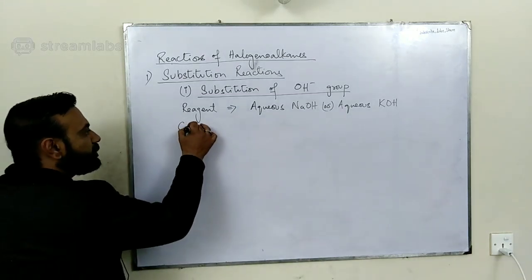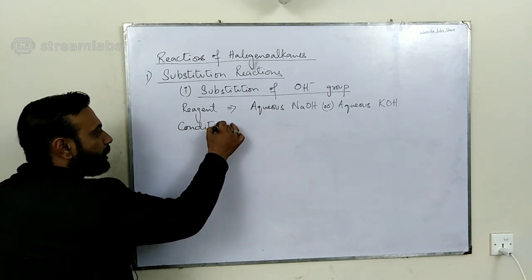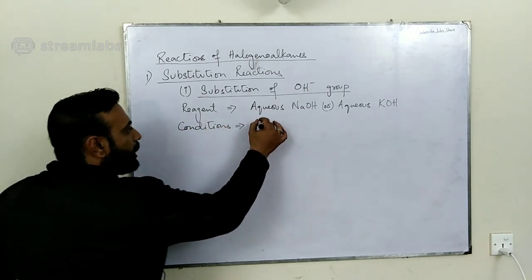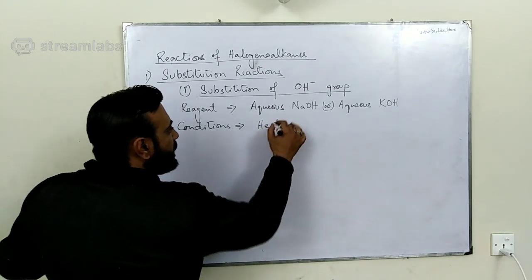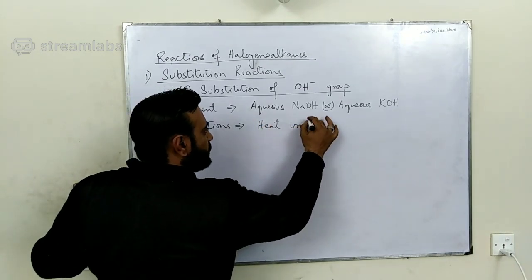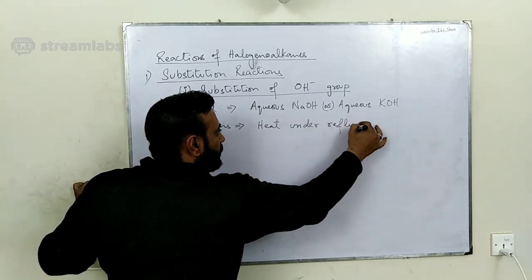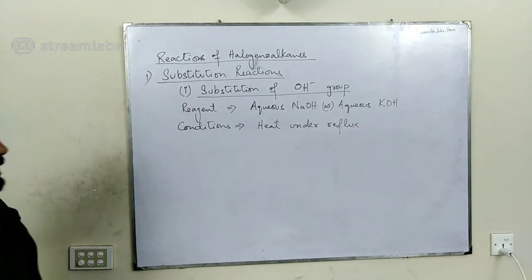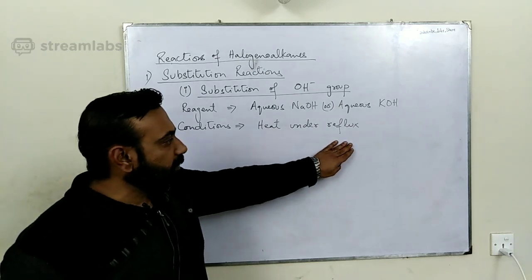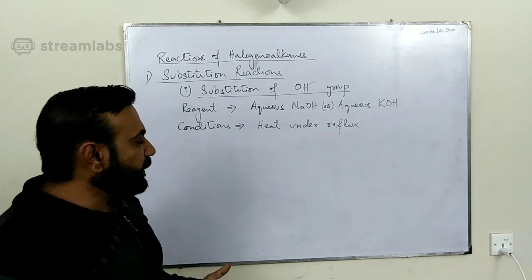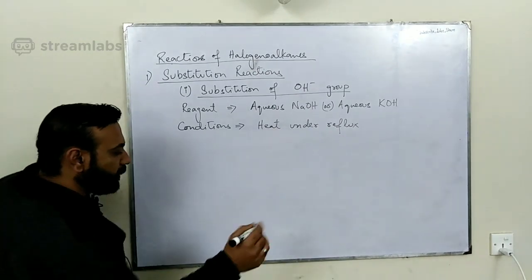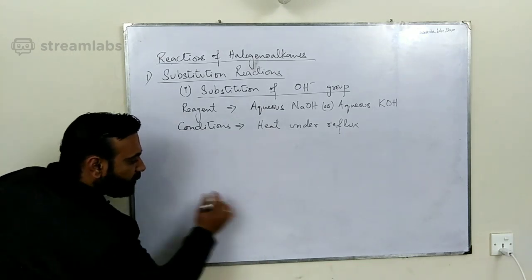Okay, now the conditions needed for this reaction are heat under reflux. See, if you are already familiar with this term, reflux, it's very good. But if you are not, I'm going to give you a little explanation of that.